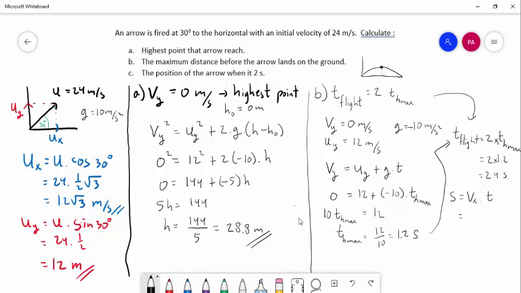The x velocity is always equal to the initial velocity, so this is 12 square root 3 times 2.4. The total is 28.8 square root 3 meters. This is the answer for the question.